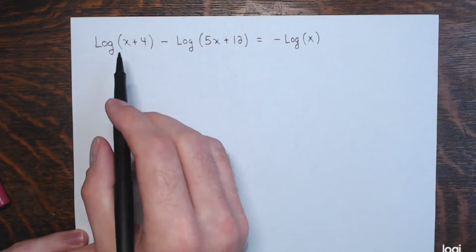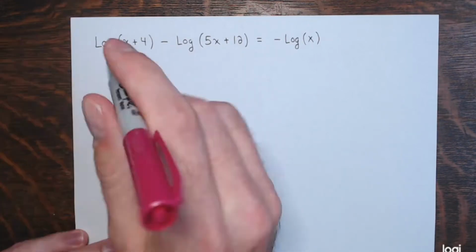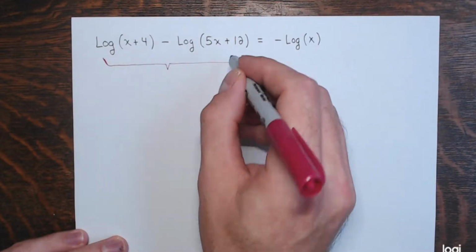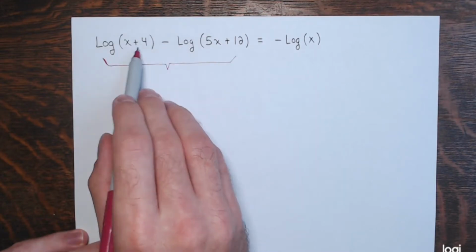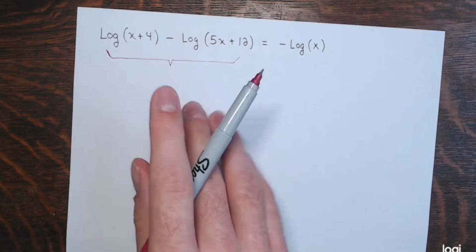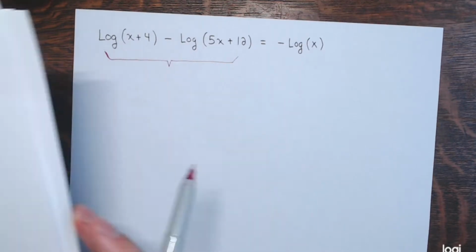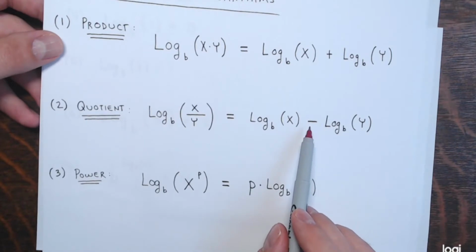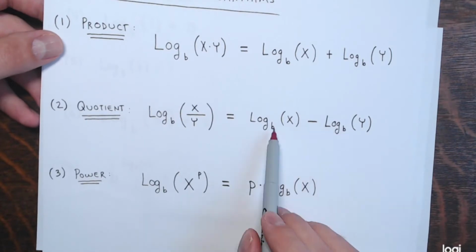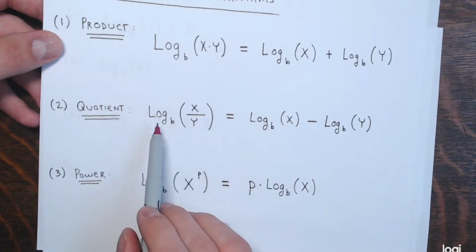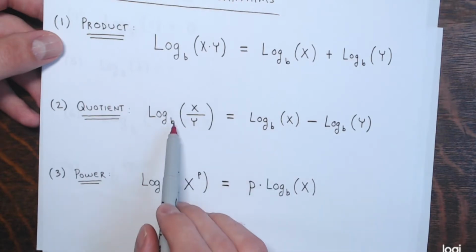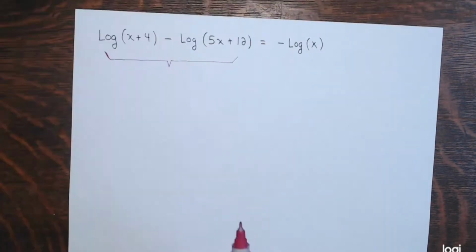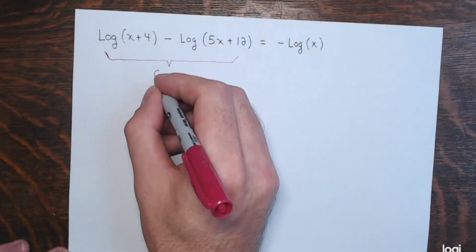So the expression on the left side of the equal sign is a difference of two logarithms, both base 10. And once again, recalling our properties, when you see the difference of two logs with the same base, you can put them together and make a single log of a quotient. The quotient property. So I'll write the word quotient here.